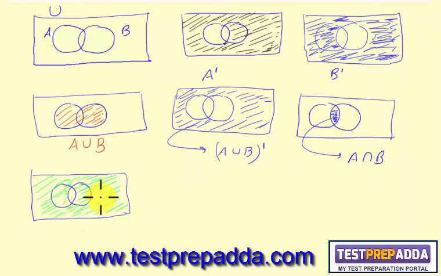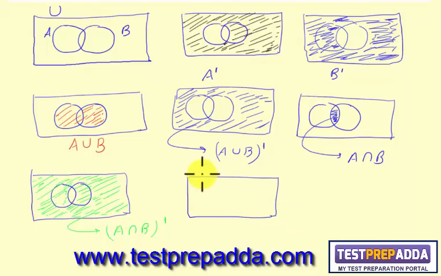All the elements which are there in U but not in A intersection B. So this is the complement of A intersection B. Now if I try to find the intersection of A dash and B dash, from the shaded portion you can say the common portion is actually this.